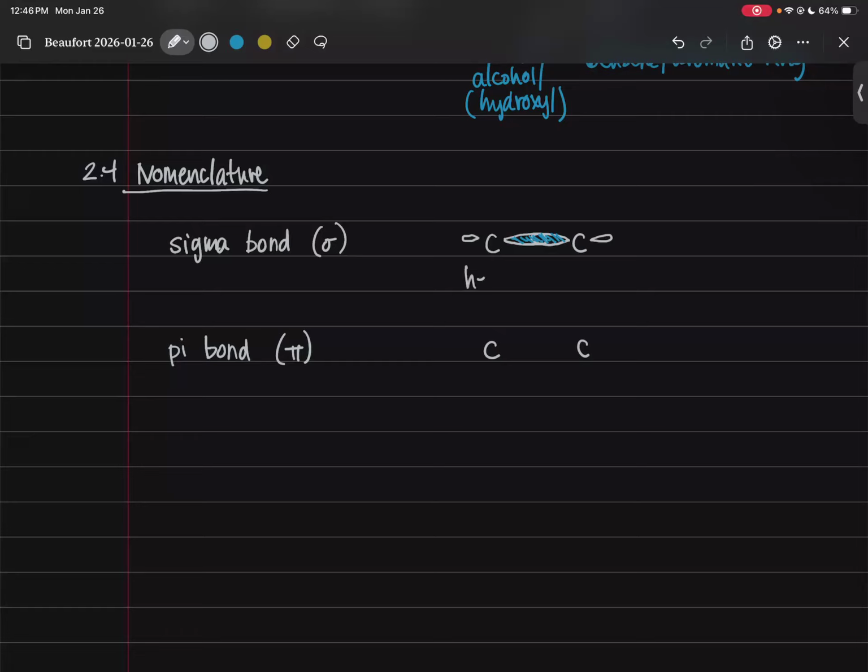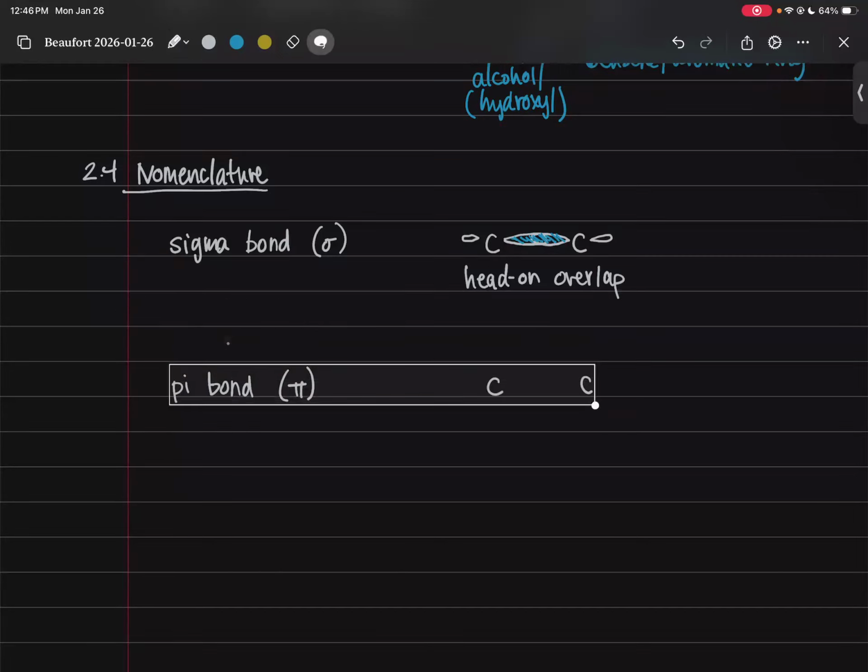And so that's the area of the molecule where the actual bond forces are going on, between the two atoms.